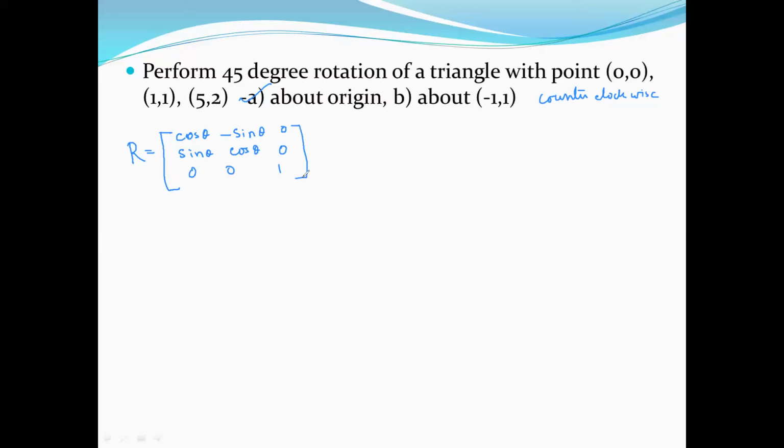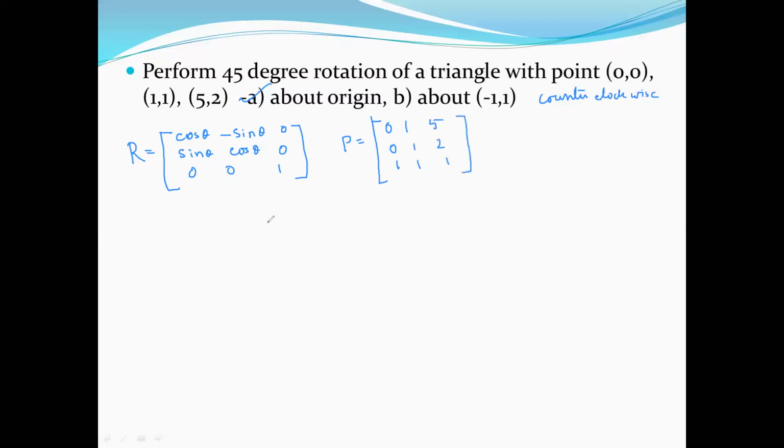Now if you want to perform the rotation, the first rotation is very simple. We have to rotate with respect to the origin, and this rotation matrix is the matrix which we derived for the rotation with respect to the origin. And what is my point set P? The vector for the point set is 0, 0, 1, then 1, 1, 1, because the second point is 1, 1, and the third one is 5, 2, 1.